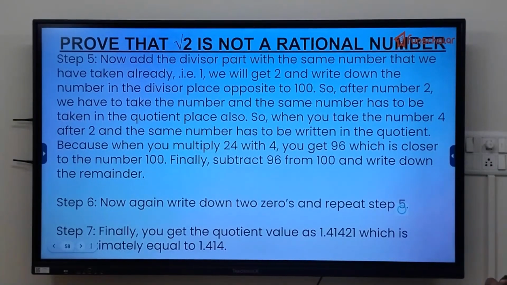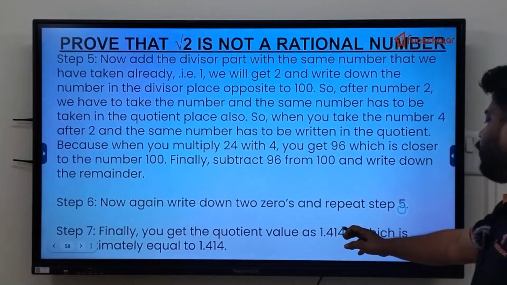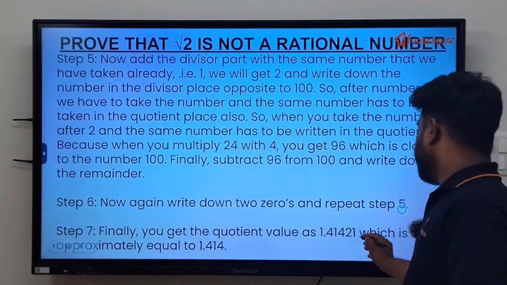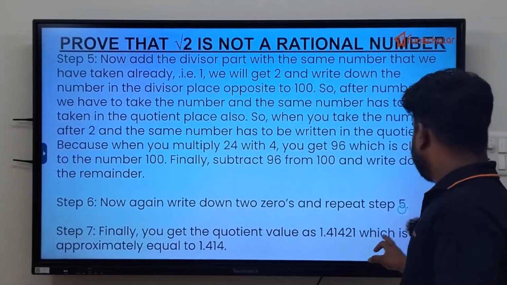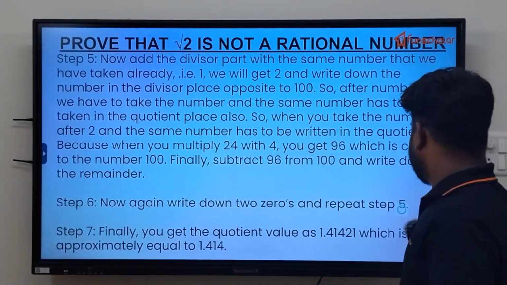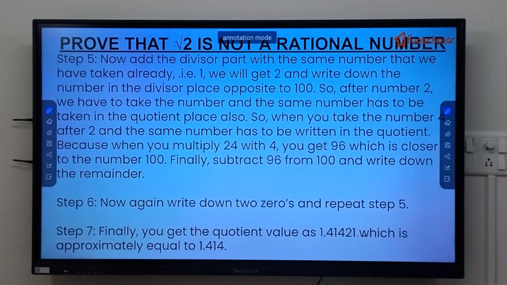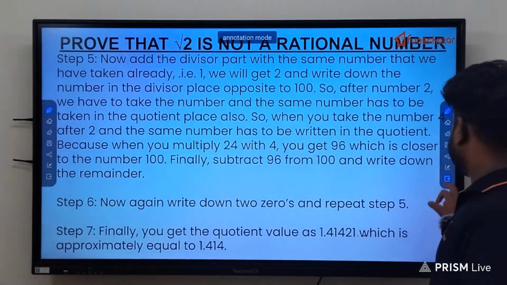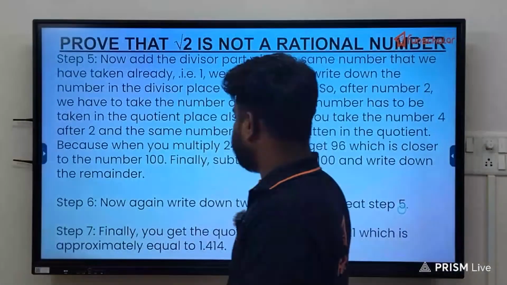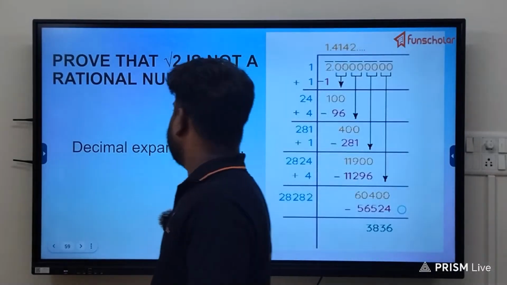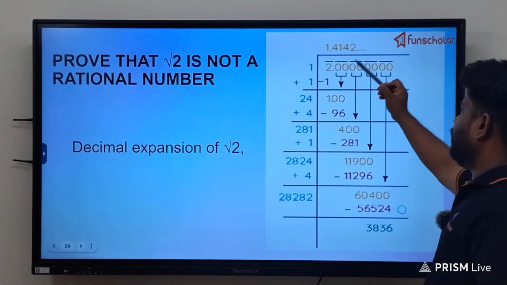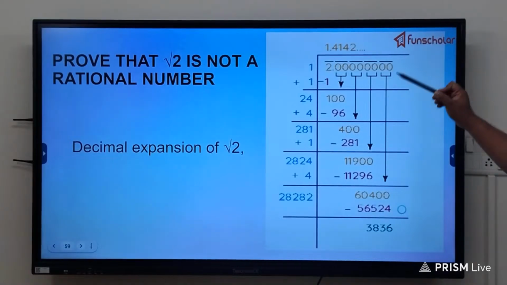Finally, you get the quotient value as 1.41421, and this will also continue, and it will be approximately equal to 1.414. So this is the next process, and the process will be done like this.